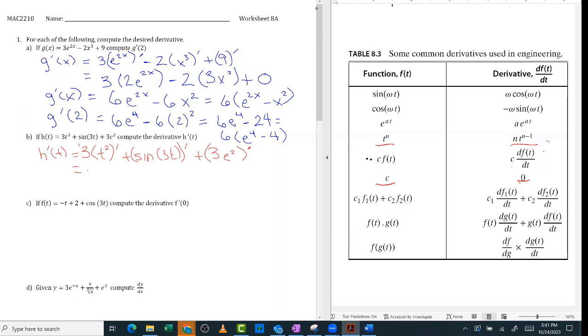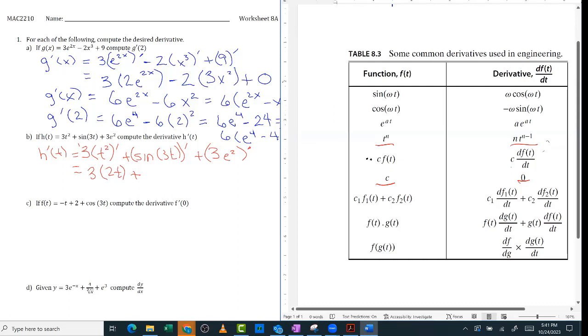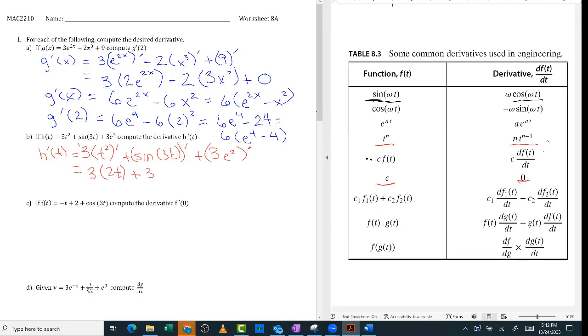For the first one, I have 3, and I'm going to use the power rule, times 2t, plus, now I'm on the sine. The sine of 3t is this, where omega is equal to 3. So the derivative of the sine is the cosine, which gives me 3 times the cosine of 3t.